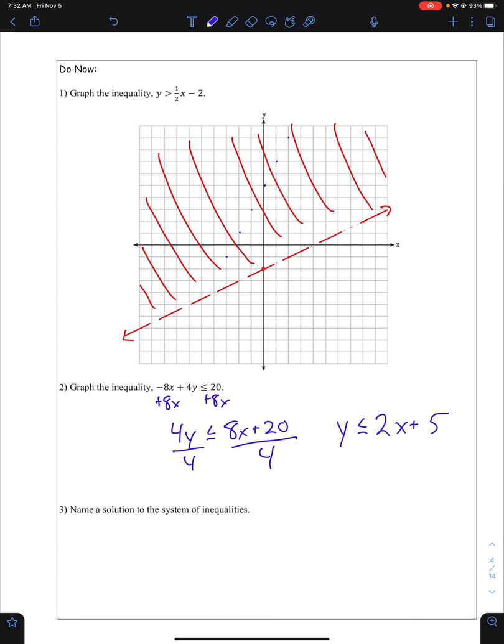So this is my line. Connect all the dots. Arrows on the end. Make sure you label both also. Almost forgot to do that. Y is less than 1/2 x minus 2.